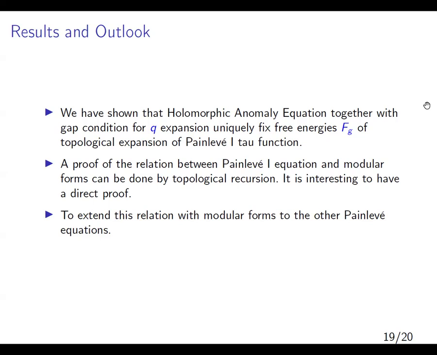There is one parallel story which I have not mentioned: the Painlevé I equation describes non-perturbative corrections to the quantum cubic oscillator, and the Painlevé II equation describes non-perturbative corrections for the quartic potential, and so on.